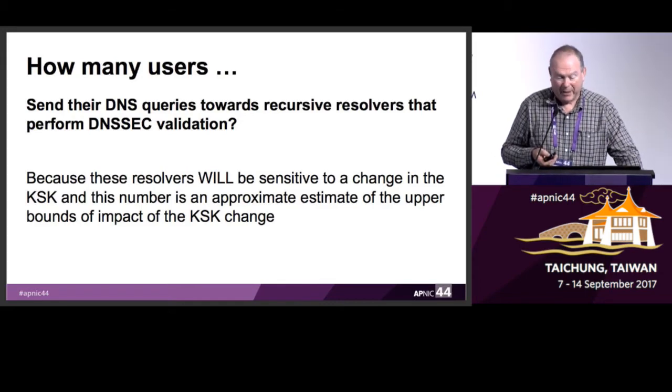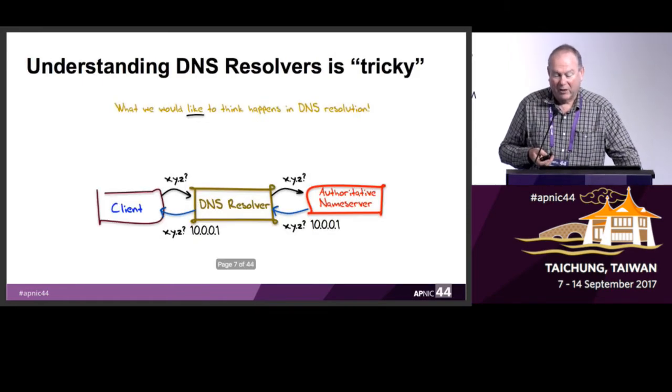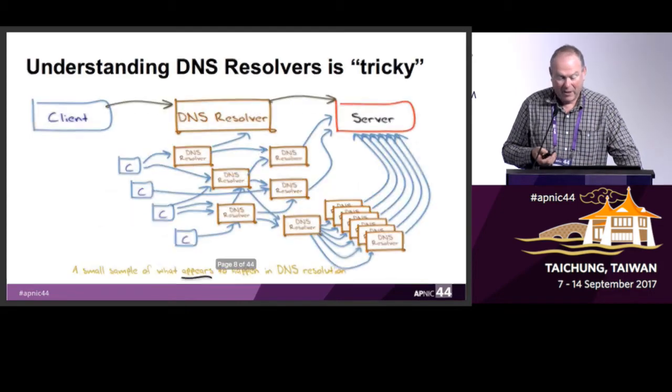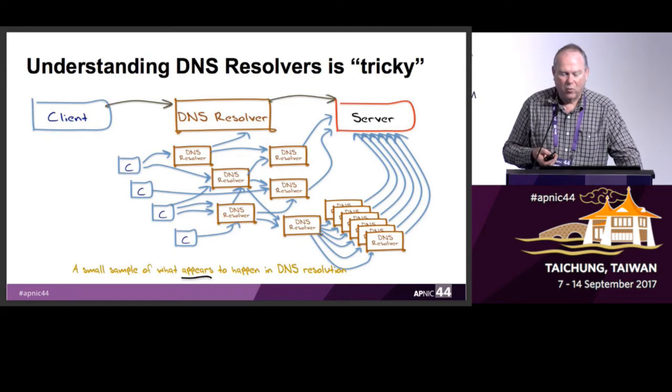That's the upper estimate. And that leads to a tricky question, because there is no doubt the DNS is one of the most complicated parts of the internet. What you'd like to think is what's on this screen here. The DNS is insanely simple. The client has a question, it asks a resolver, the resolver goes and asks an authoritative name server, an answer comes back, happy client, everyone's happy. Yes? No. The DNS as it stands today is incredibly complicated.